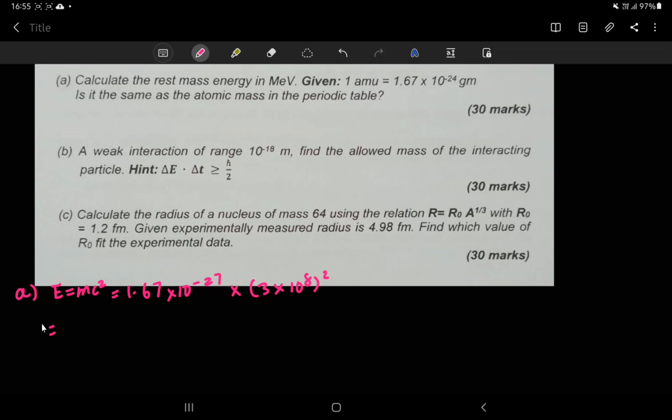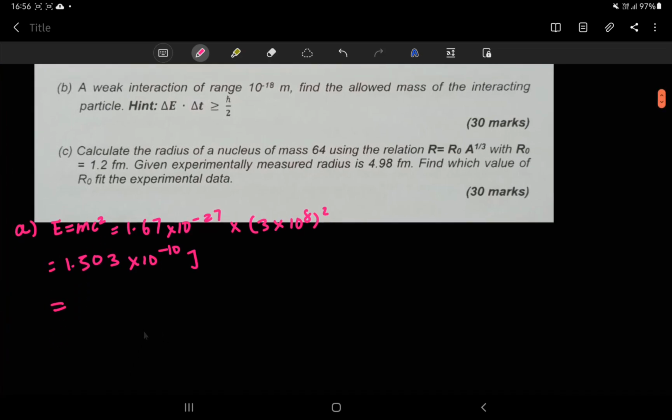We will get 1.503 times 10 to the minus 10 joule. From this joule we need to convert it into electron volts, so we divide the whole thing by 1.602 times 10 to the minus 19, which will result in the electron volt unit.